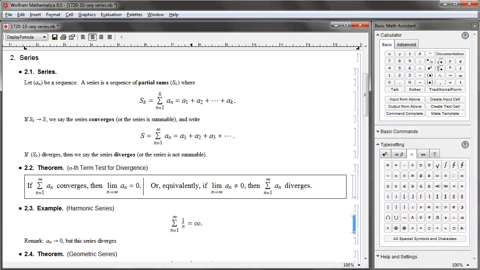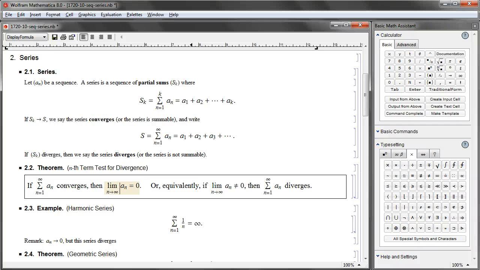So here we go. If the series converges, then the limit of the general term is 0. Or equivalently, we take the contrapositive. Switch the conclusion and condition, the if part and the then part, and then change the true-false value.